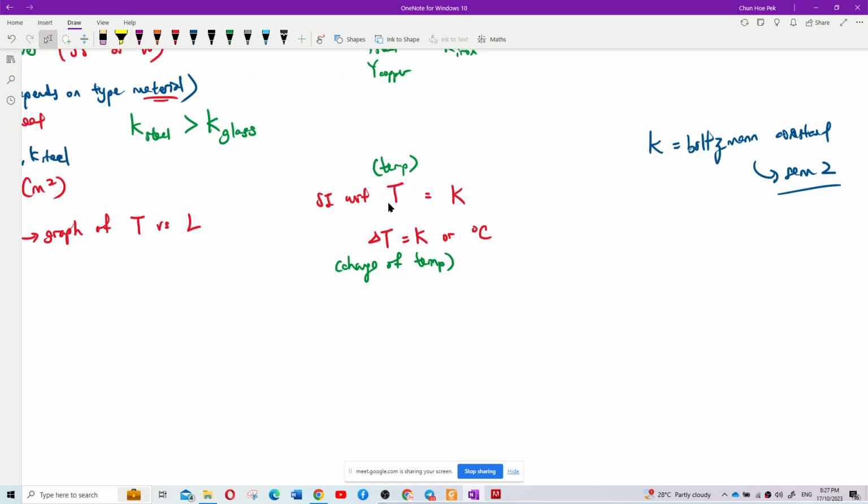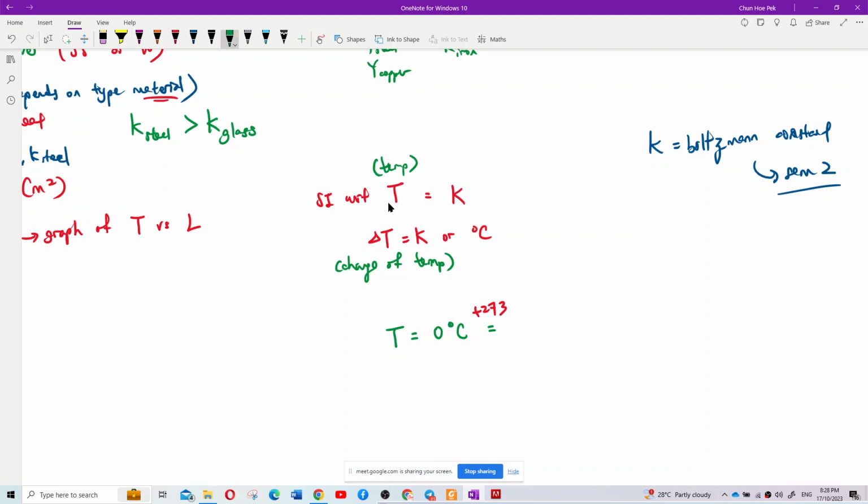Okay. Now, class, look at here. Temperature of, let's say, 0 degrees Celsius. Change it to Kelvin, class. How to change to Kelvin? Plus 273. Correct or not, class?